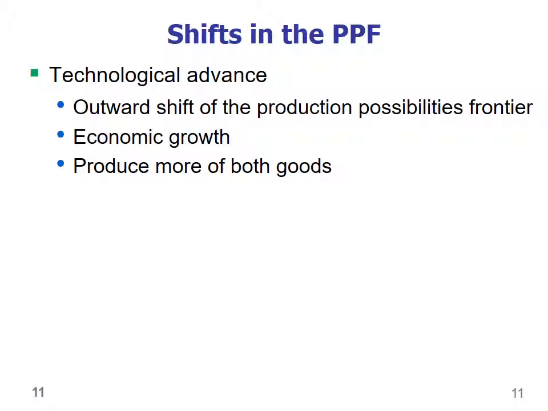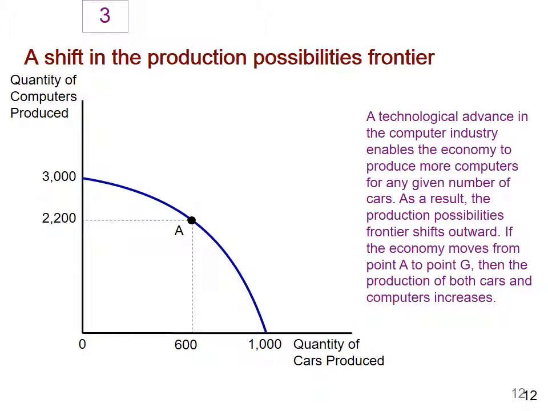Let's say that this economy discovers a better way of making computers, but nothing happens in the automotive sector. As a result, the PPF will still be at the same point on the auto axis, but will shift out on the computer axis. Let's look at this graphically. This is our old PPF, and now suppose there's a technological breakthrough in production of computers, but the production of cars remains the same.